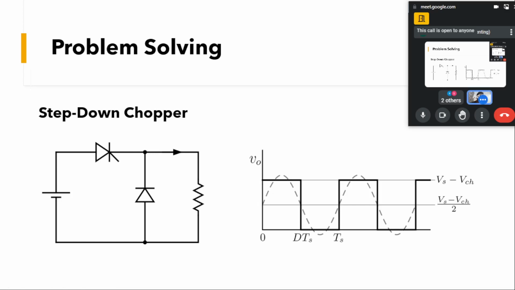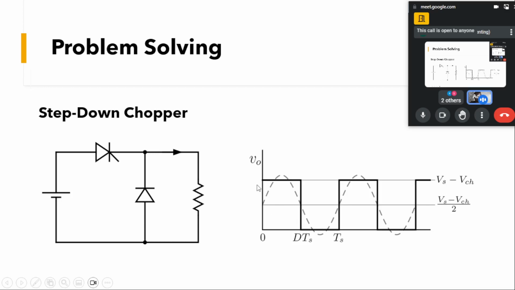So now we have the shape of the output voltage, it is a square wave. But usually when we have a periodic wave like a sine wave, it has positive and negative values. Here we have a square wave, but it has a DC offset or a DC shift of Vs minus Vch by 2.